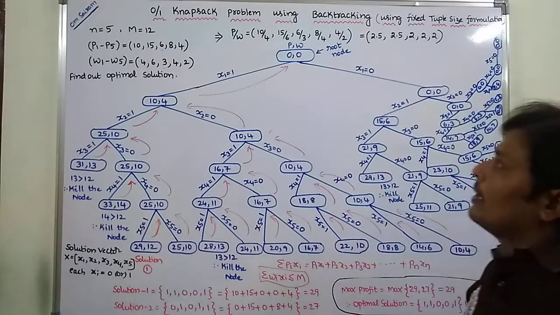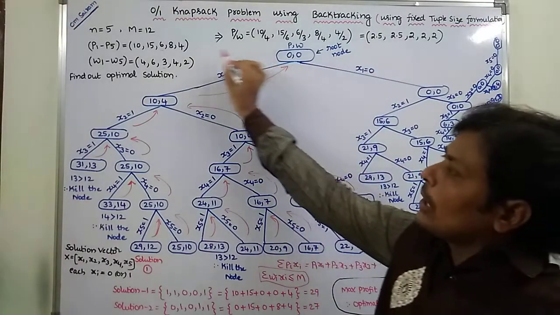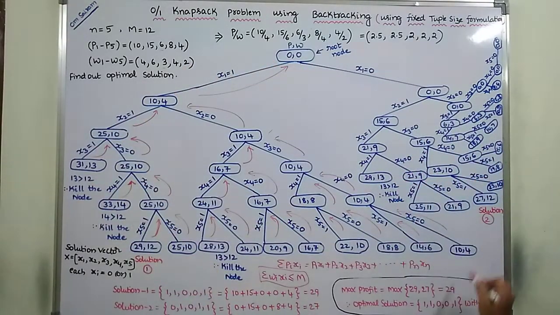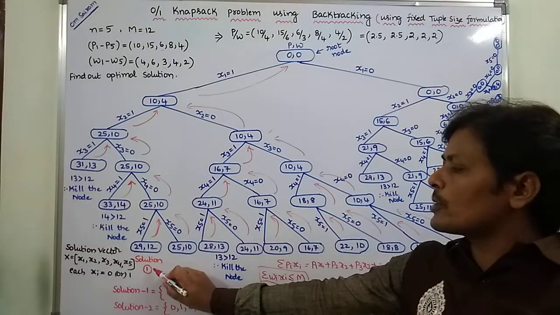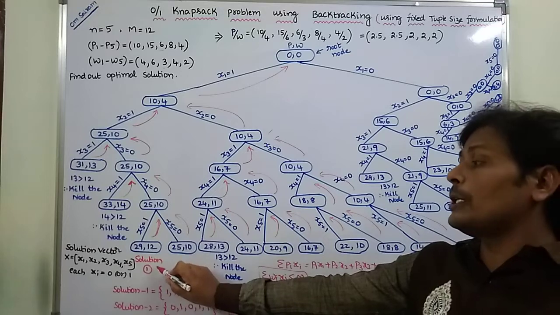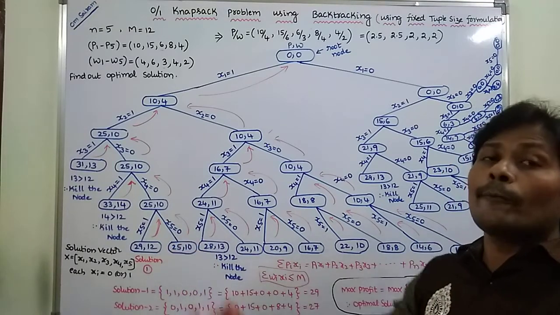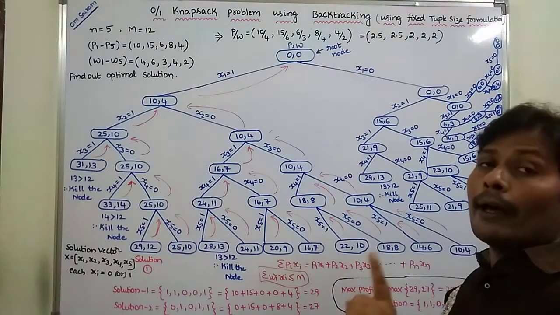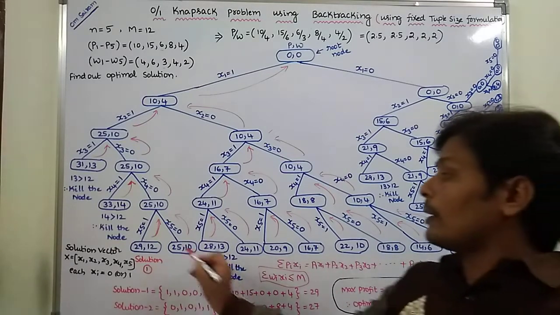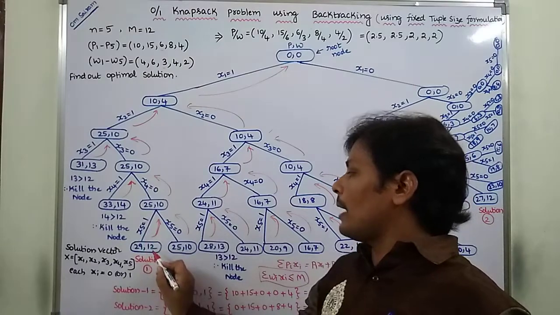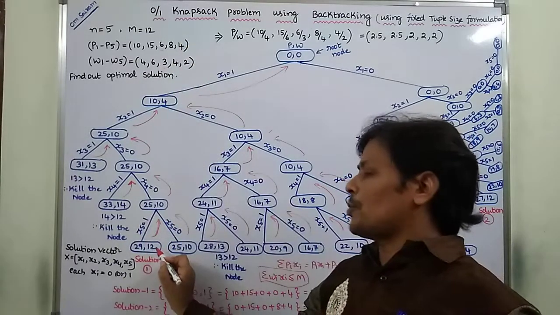Okay, so up to now the left subtree is completed. In the left subtree only one solution we are getting. This is the solution. The sum of the weights of the objects is less than or equal to the capacity of the knapsack. Here the capacity of the knapsack is 12, so 12 is equal to 12.